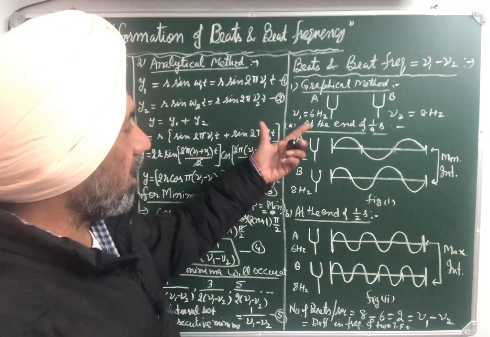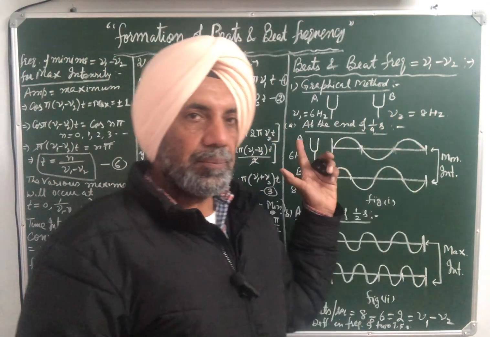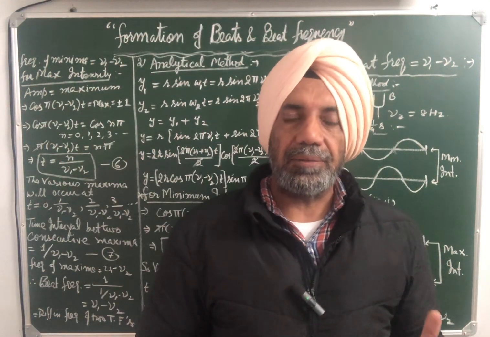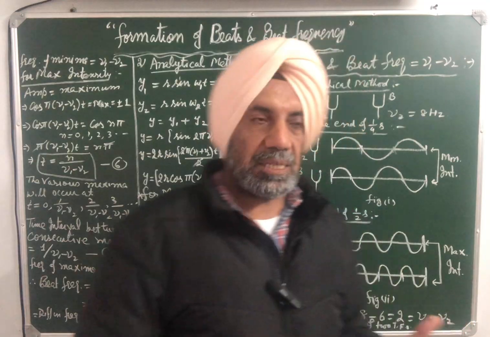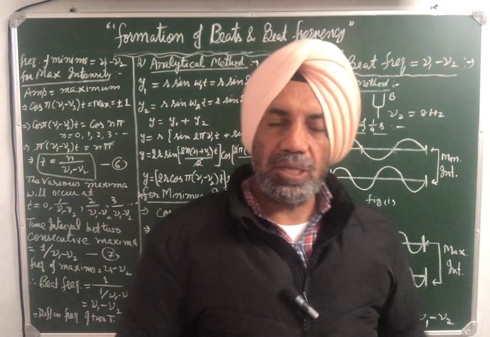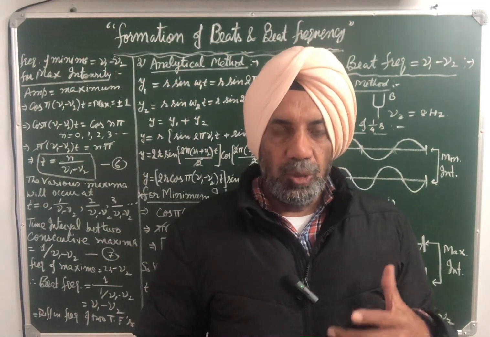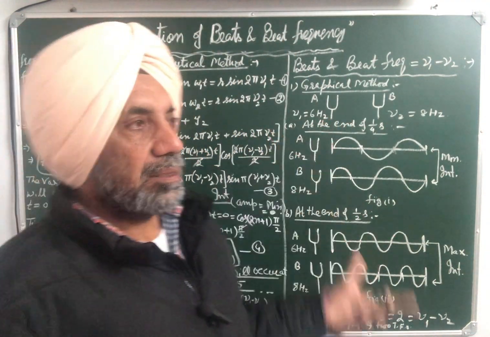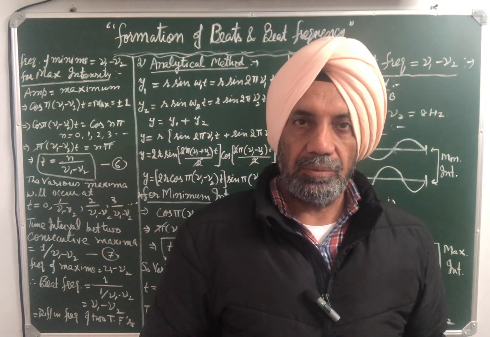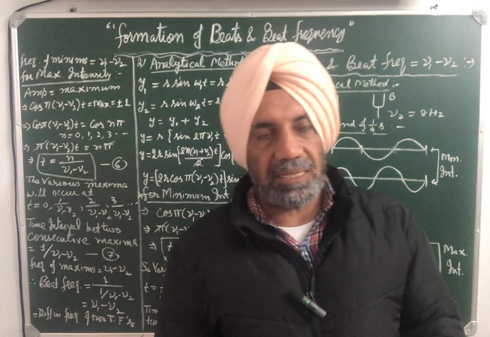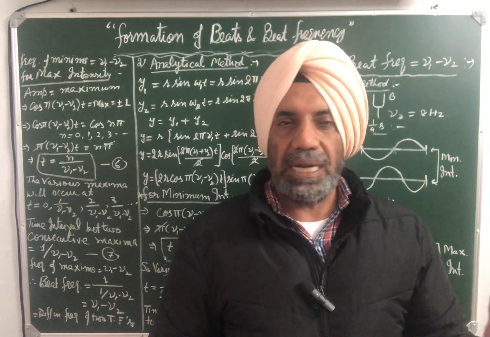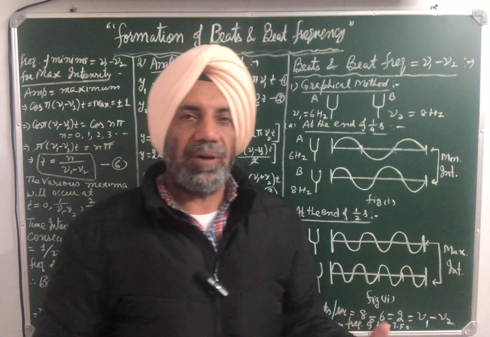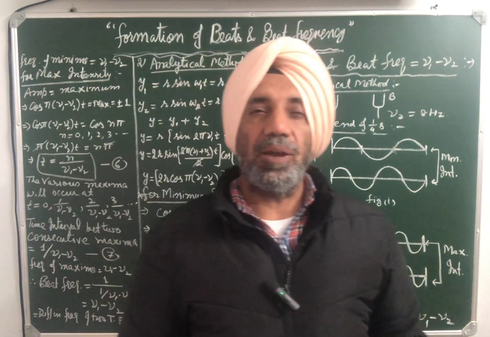Why should they have nearly equal frequency? The difference should not be more than 10 even; it should always be less than 10, like 2, 3, 4. You'll get better beats if the difference is less, because our human ear cannot differentiate between the rise and fall of sound. Its sensitivity has a limit. If the difference is more than 10 or approaching 10, we cannot identify or recognize the rise or fall of sound.